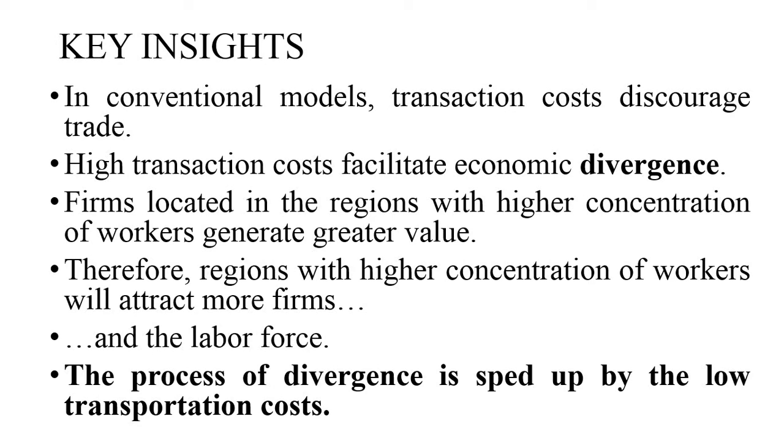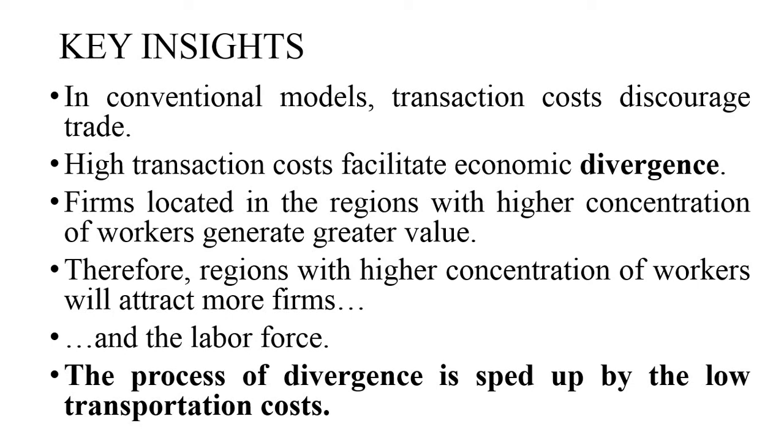If transaction costs are relatively low, it will imply an advantage for the labor force located in the bigger regions. That's why under low transaction costs, labor force will move from small to bigger regions.